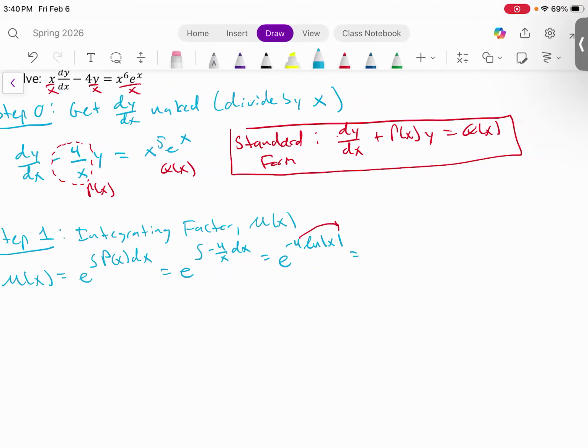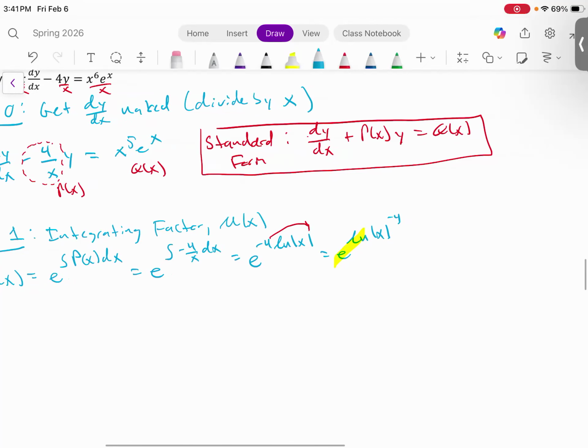And the reason we do that is we'll be left with e to the natural log absolute value of x to the negative 4, and the e and natural log cancel out. And so what I'm left with is absolute value of x to the negative 4, but since it's to the fourth power, we could drop the absolute value. And so what I'm left with is, bringing down the exponent, 1 over x to the fourth. So this is my integrating factor mu.